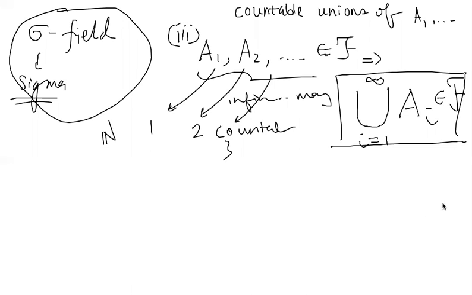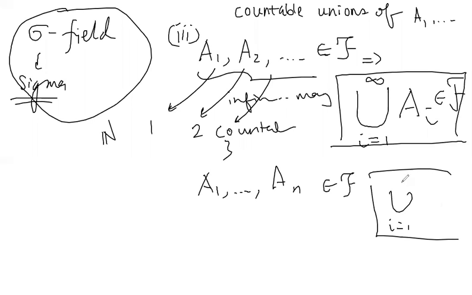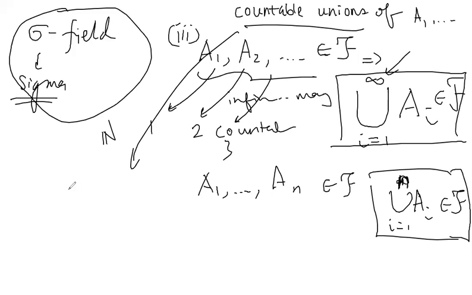You contrast it with the definition of field. The definition of field will stop at finite. Sorry, this is N. Finite union. But for the sigma field, it is extended to countable union. So that's the only difference; the rest of the things are the same. Countable union equivalently implies countable intersections.